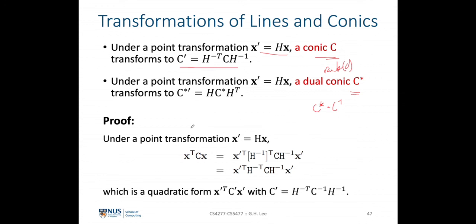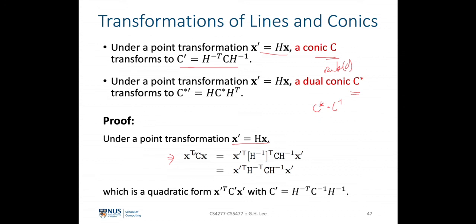So here's the proof of the transformation of the conics and the dual conics. Under a point transformation given by x prime equals Hx, following the equation of the conic, we have x transpose C x, which would be equal to x prime transpose multiplied by H inverse transpose, which is given by this expression.